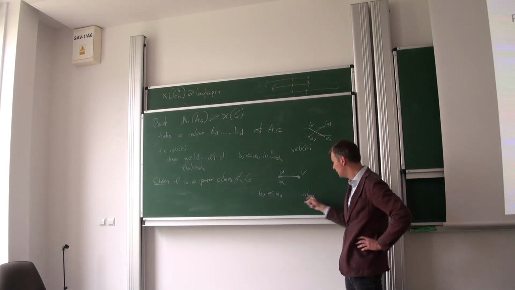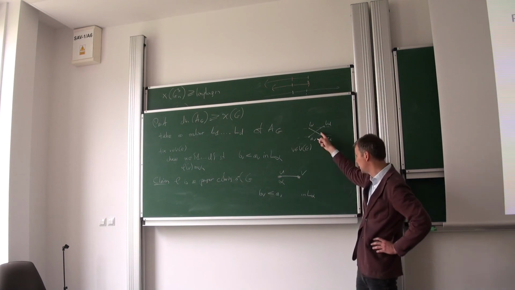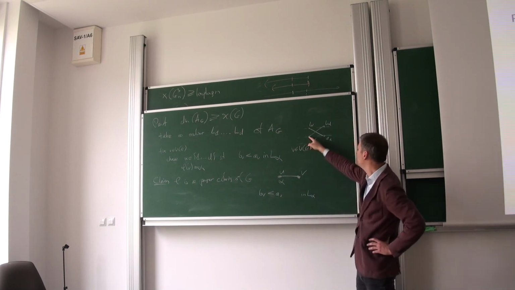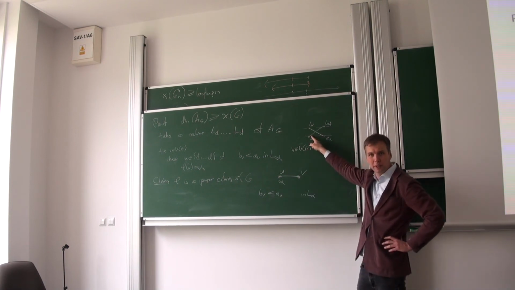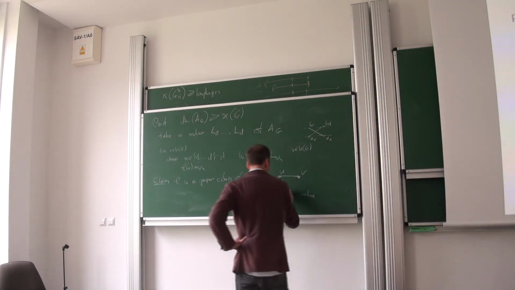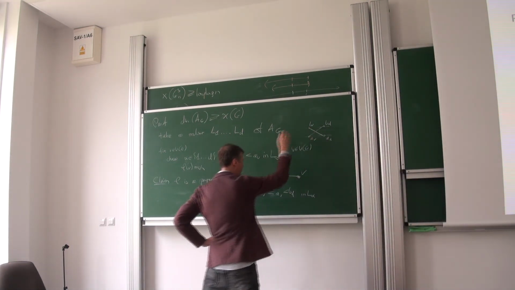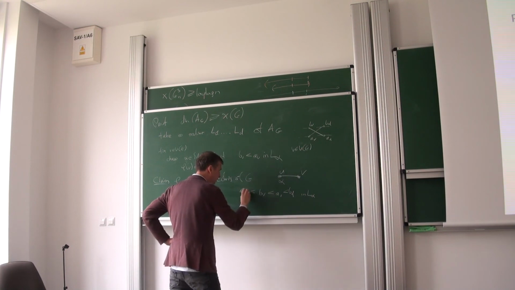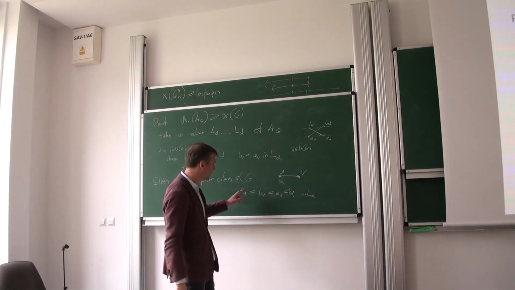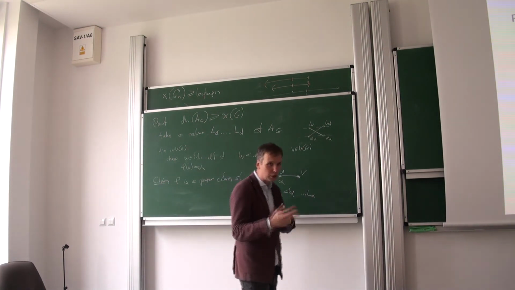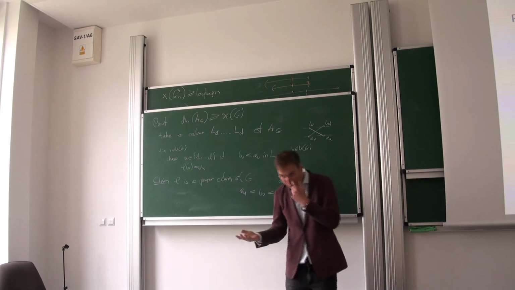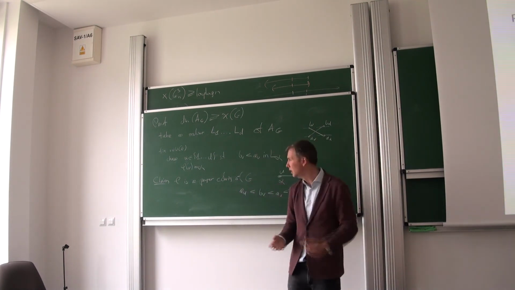This is what happens in a linear extension of my poset. Here's a_v. b_u is above a_v in the poset, so it has to be in a linear extension. And a_u is below b_v in the poset, so it has to be in a linear extension, which means that the pair a_u, b_u is not reversed in L_alpha. So the color of u is different from alpha, which proves the claim.